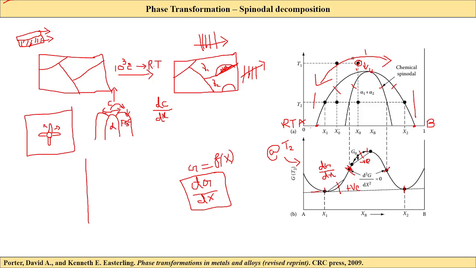Here the slope is 0, and again the slope is 0 here. Now the slope will try to change, right? It will try to increase, and again it will start decreasing, because at one moment of time the slope is 0 at that point.